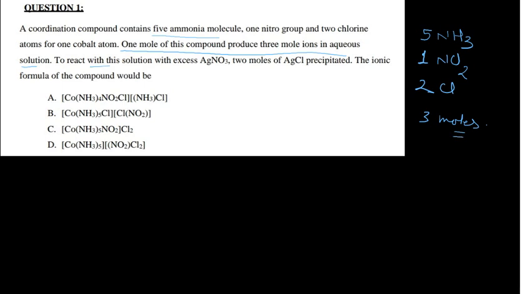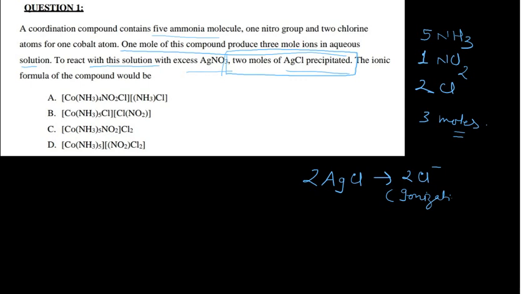On treating this solution with excess AgNO3, 2 moles of AgCl are precipitated. This part is very important to solve the question. Remember one thing: to precipitate 2 moles of AgCl, you will require 2 chloride ions in the ionization sphere.